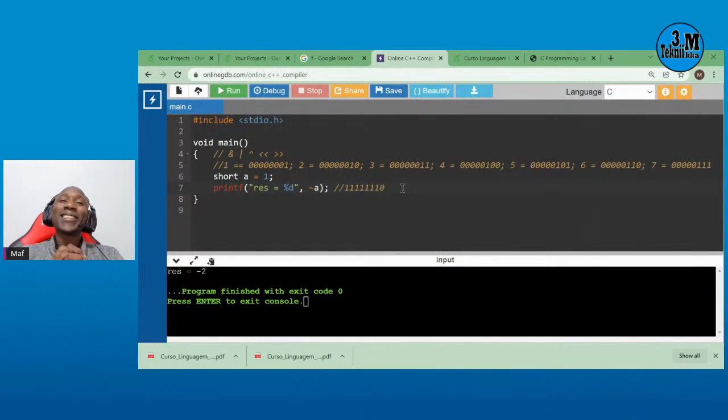Yeah, this is what it is. This is -2 because of this one. As you can see, let me put this in binary. I can say 0b, which means binary. I'm gonna put here 0, 1, 2, 3, 4, 5, 6, 7.